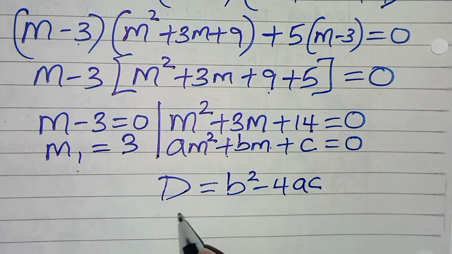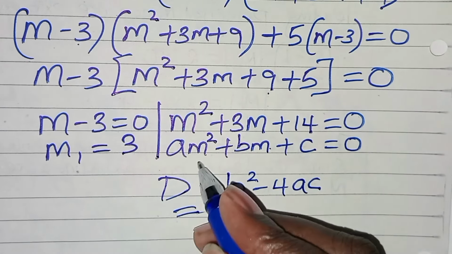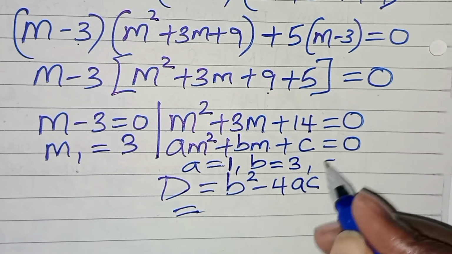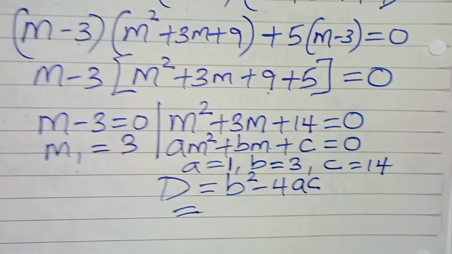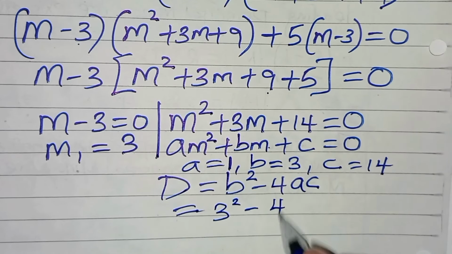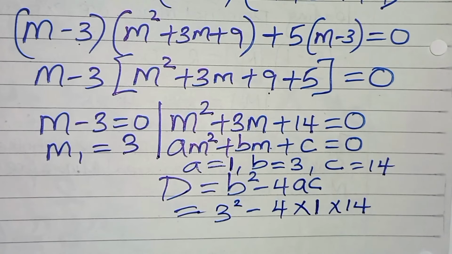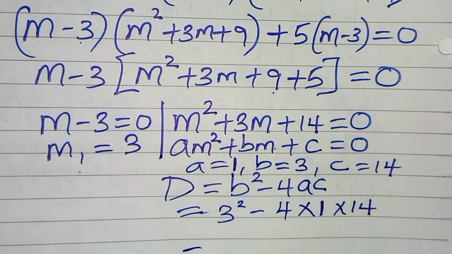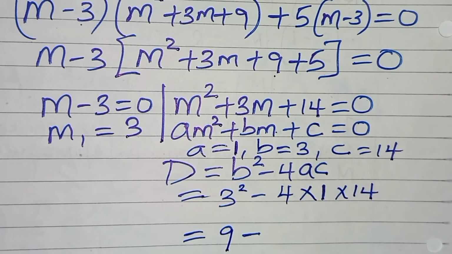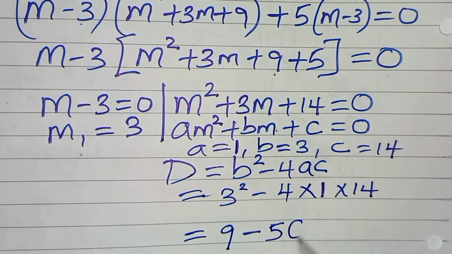We have a equal to 1, b equal to 3, and c equal to 14. So b squared is 3 squared, subtract 4 times a, which is 1, times c, which is 14. Now, 3 squared is basically 9, subtract 14 times 4, which is essentially 56.